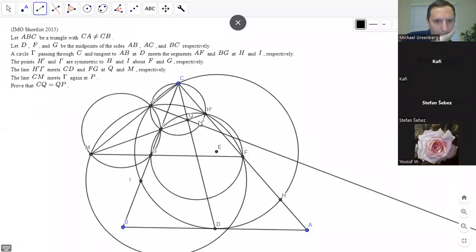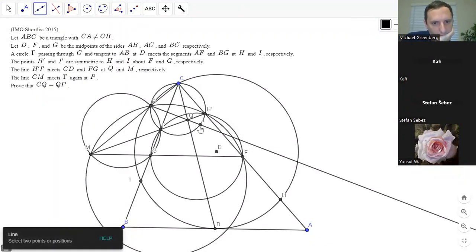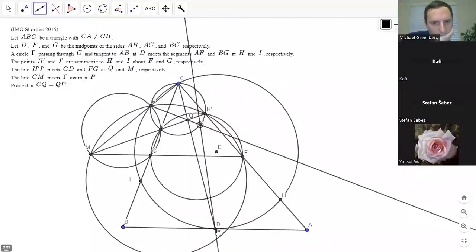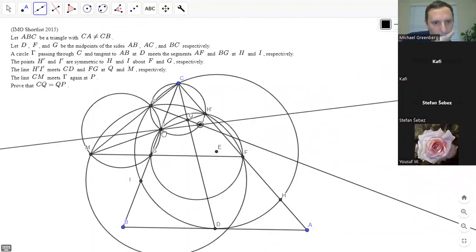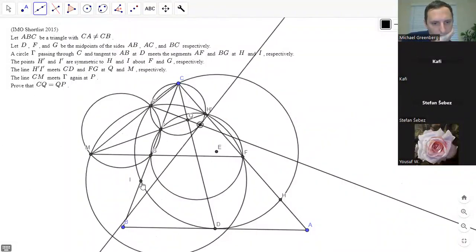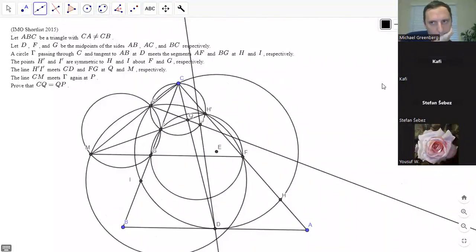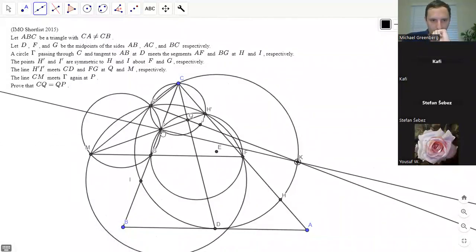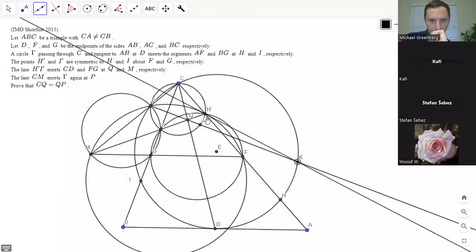I'm just kind of cheating here. Maybe not that point, maybe this point. It almost looks like H'J is tangent. Maybe that's true.